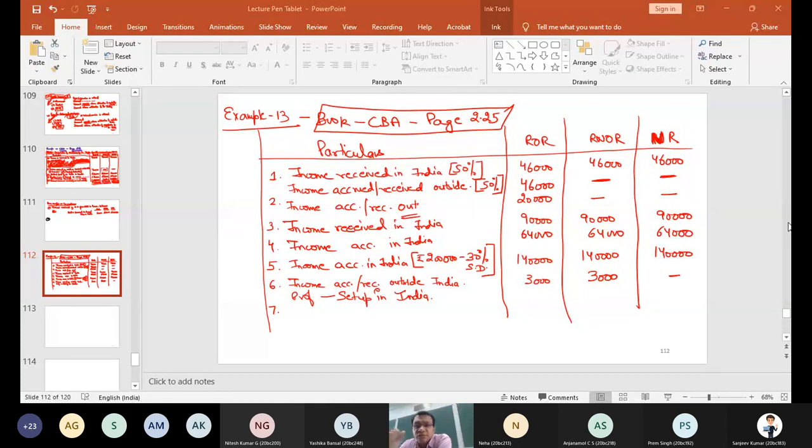So why am I not writing that dividend is received in India? Because received is not given. I'm not writing that dividend accrued in India just because it is from an Indian company. But I'm using section 9 here and I will write that dividend from an Indian company, even if paid outside India, is deemed to accrue or arise in India.